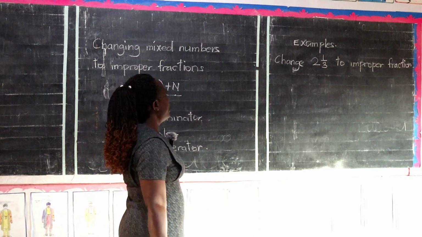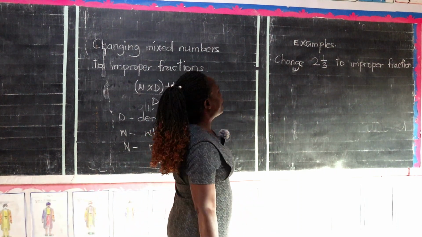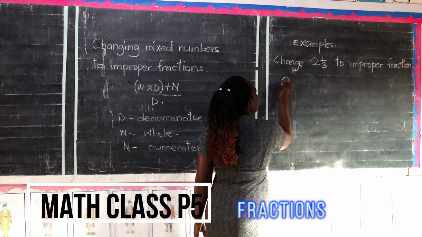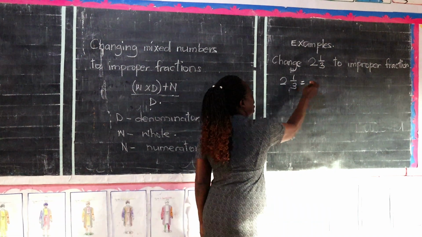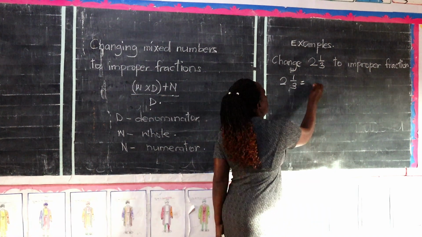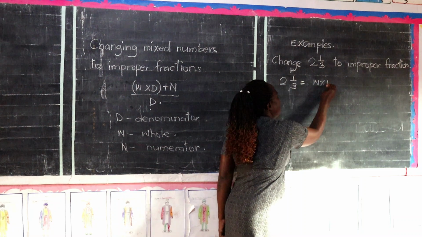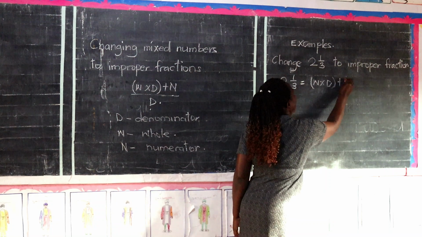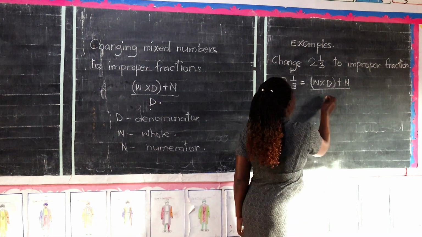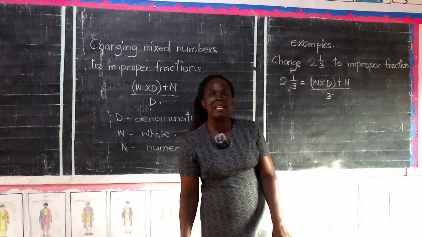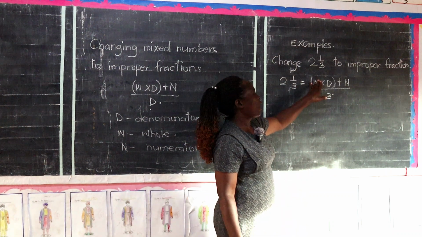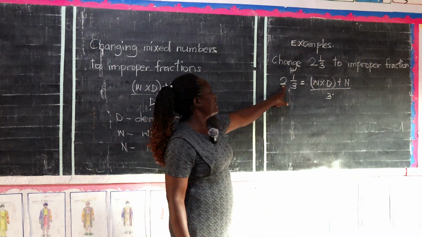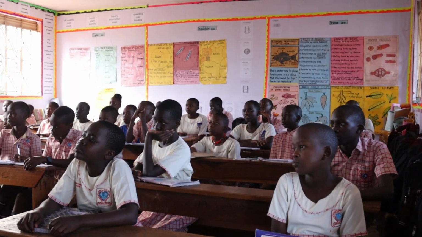So we say the W, which is the whole, is 2. You say 2 and a third equals, we get the whole, which is W, times the denominator into bracket plus the numerator, the whole thing out of 3. The whole is 2.